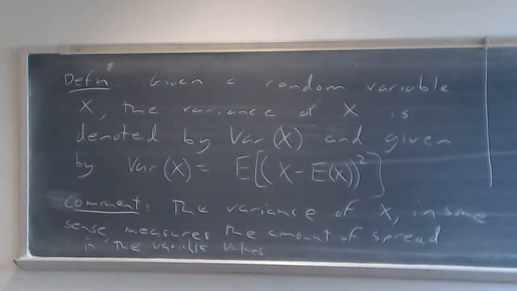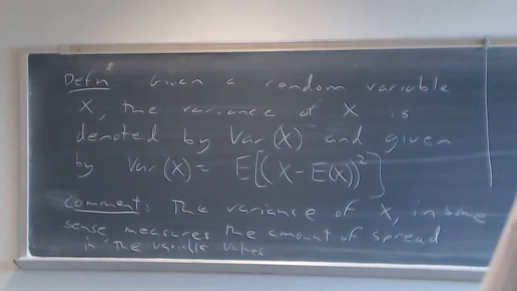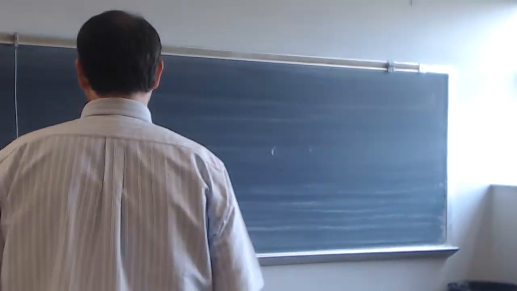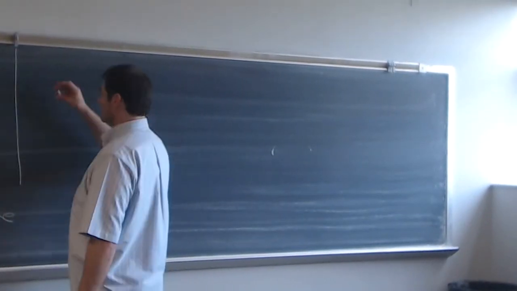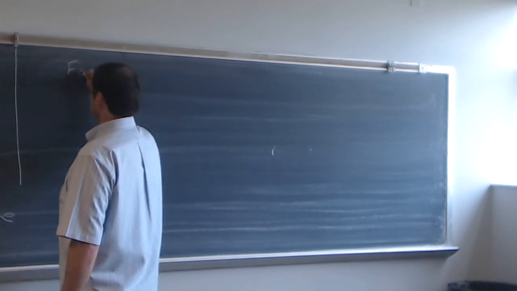I wanted to give a formula for the variance of X, and it is true in the discrete and continuous case. We haven't mentioned continuous random variables, so we're concentrating right now on discrete random variables.